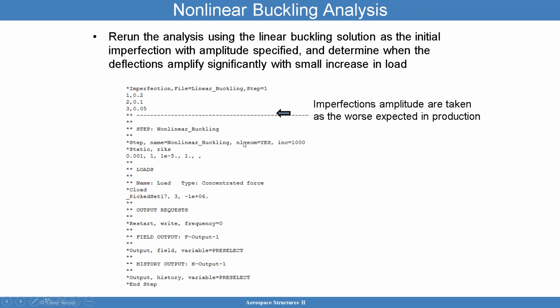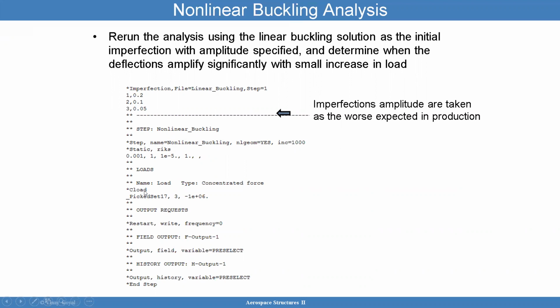It's a highly nonlinear analysis. You need to put here nonlinear geometry equals yes, because it will be a large deformation analysis. And then you put a Riks procedure, which I don't want to get into in this class necessarily, but allows you to track the equilibrium state of that cylinder. It allows you to do some complicated things there.